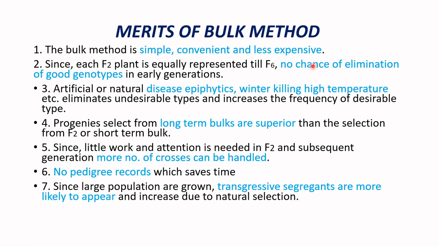Each F2 plant is equally represented till F6 generations, so there is no loss of variation. No chances of elimination of good genotypes in early generations, and artificial or natural disease epiphytotics, winter killing, high temperature, etc. eliminate undesirable types.